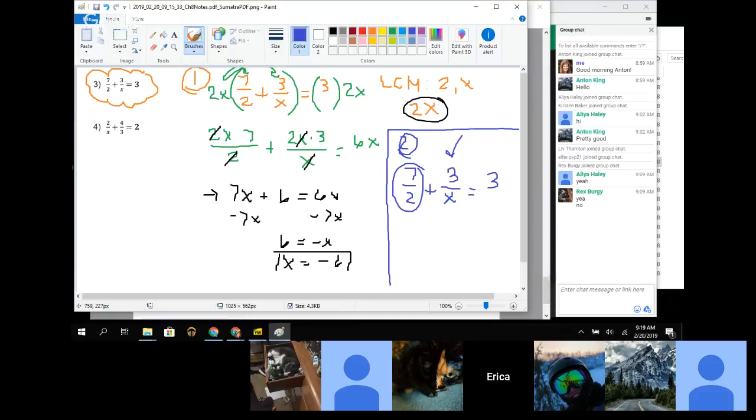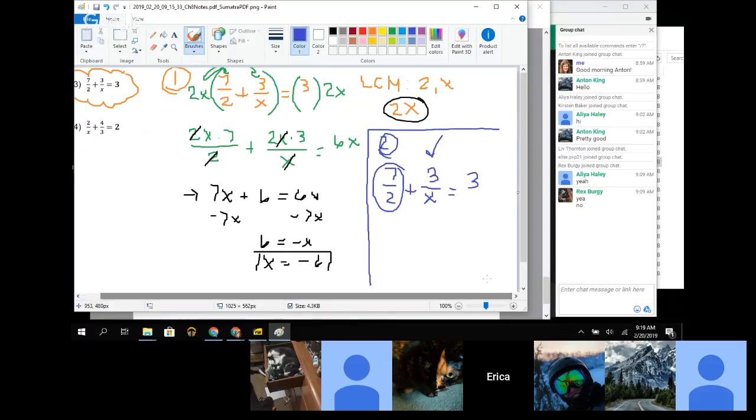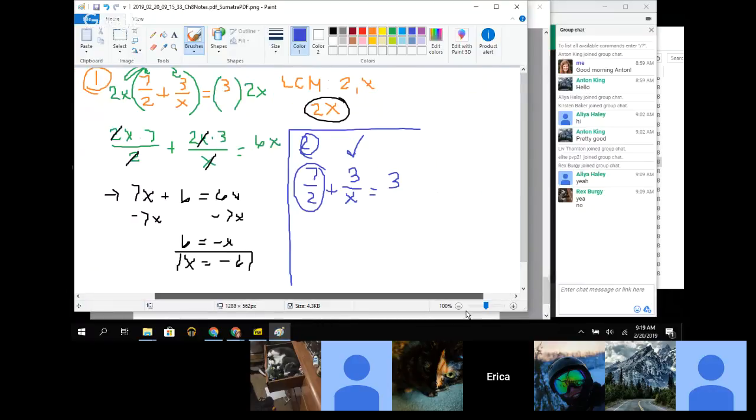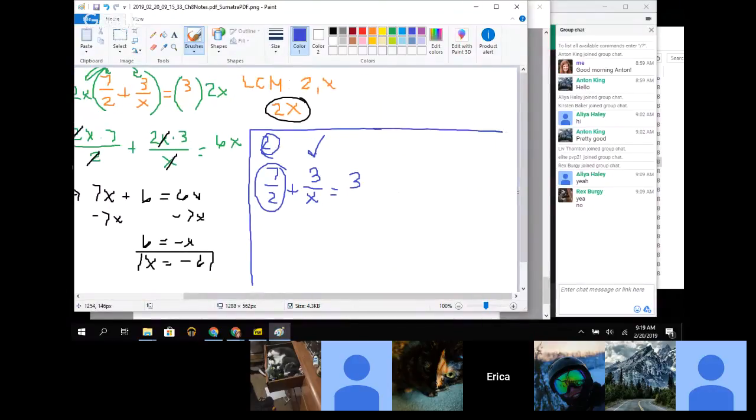So instead of doing this method, let me give myself some extra space over here. Since 7 over 2 is just a number, what if I subtracted both sides by 7 over 2?